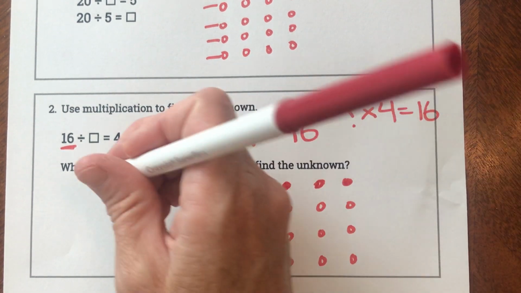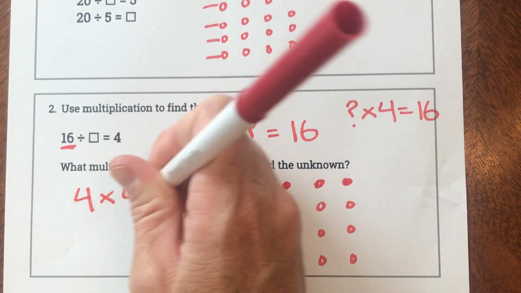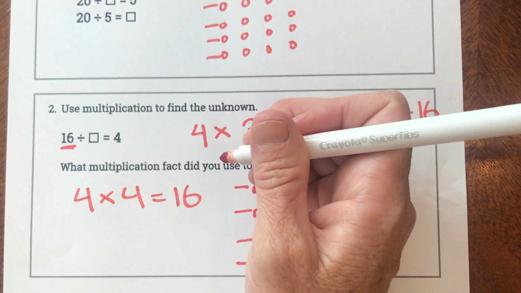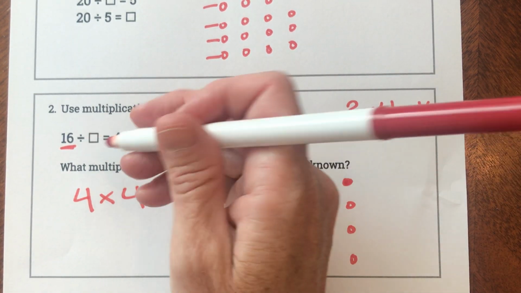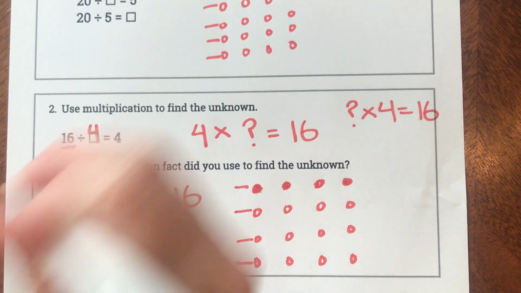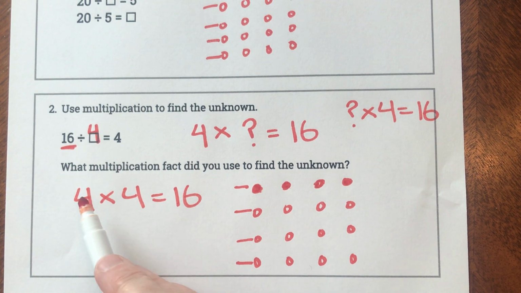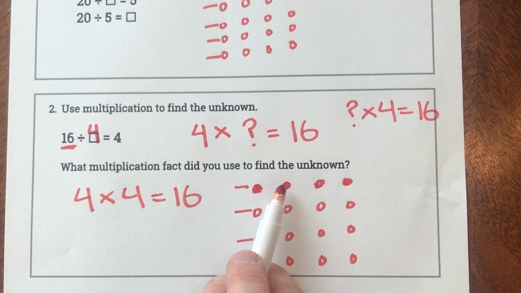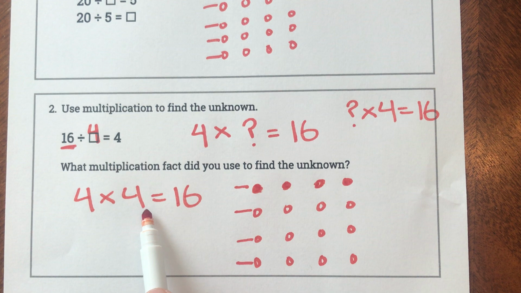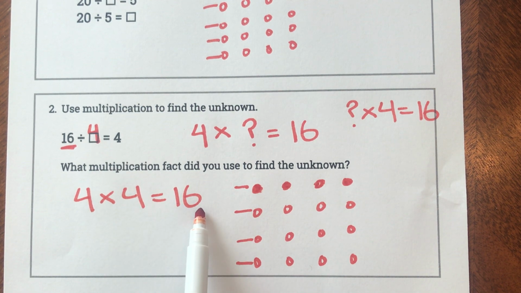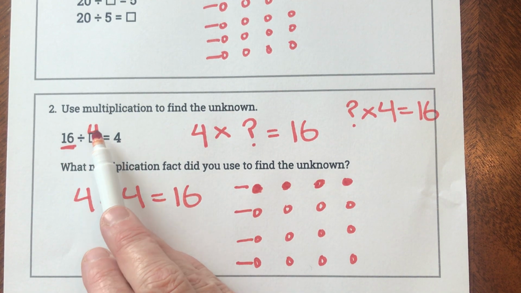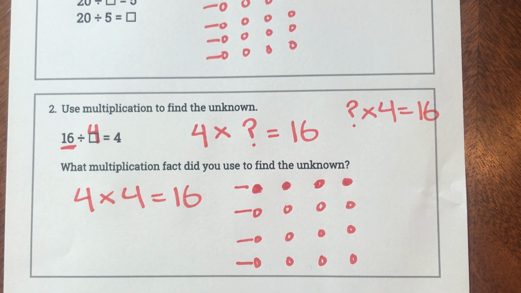So I know that 4 times 4 equals 16, which tells me my missing number must be a 4. And they said, what multiplication fact did you use to find the unknown? 4 times 4. Once we knew that 4 times 4 equals 16, we knew 16 divided by 4 equals 4.